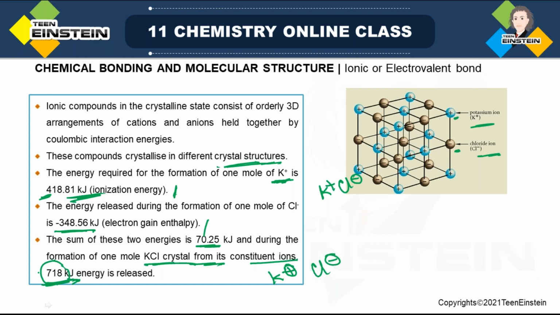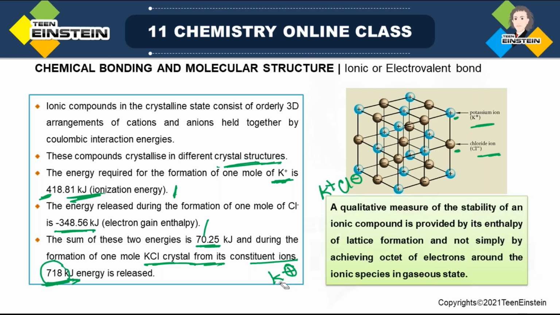It is related to the Born-Haber cycle, how this 70.25 kilojoule energy is related to this 718 kilojoule energy. We'll see that, probably not in today's class, but in the next class, in the Born-Haber cycle. So these values are important.